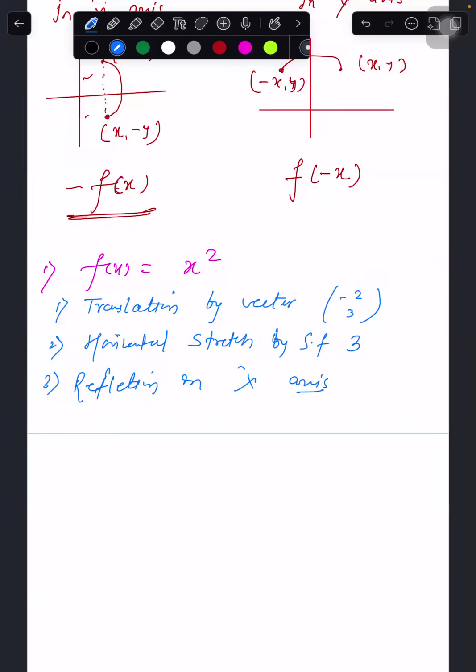Let's say all these transformations have been asked to apply on the function.